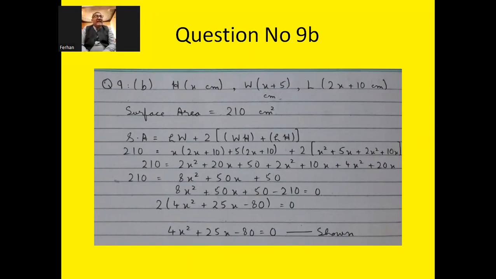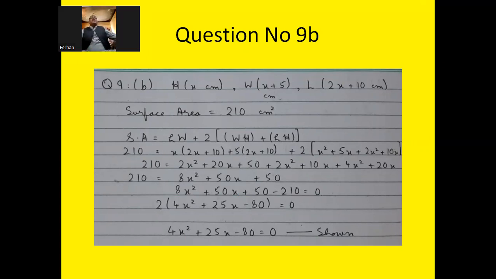Its external surface area is 210 centimeters squared. The formula for the surface area of the open box is length multiply width plus 2 times, width height plus length height, bracket close. So just put these values there.